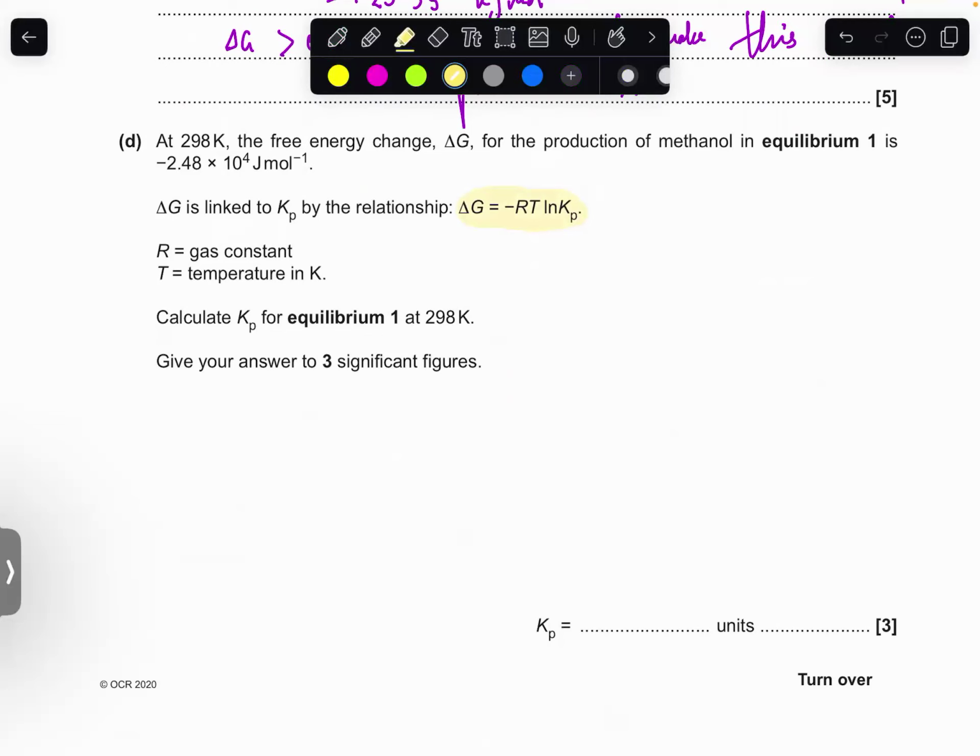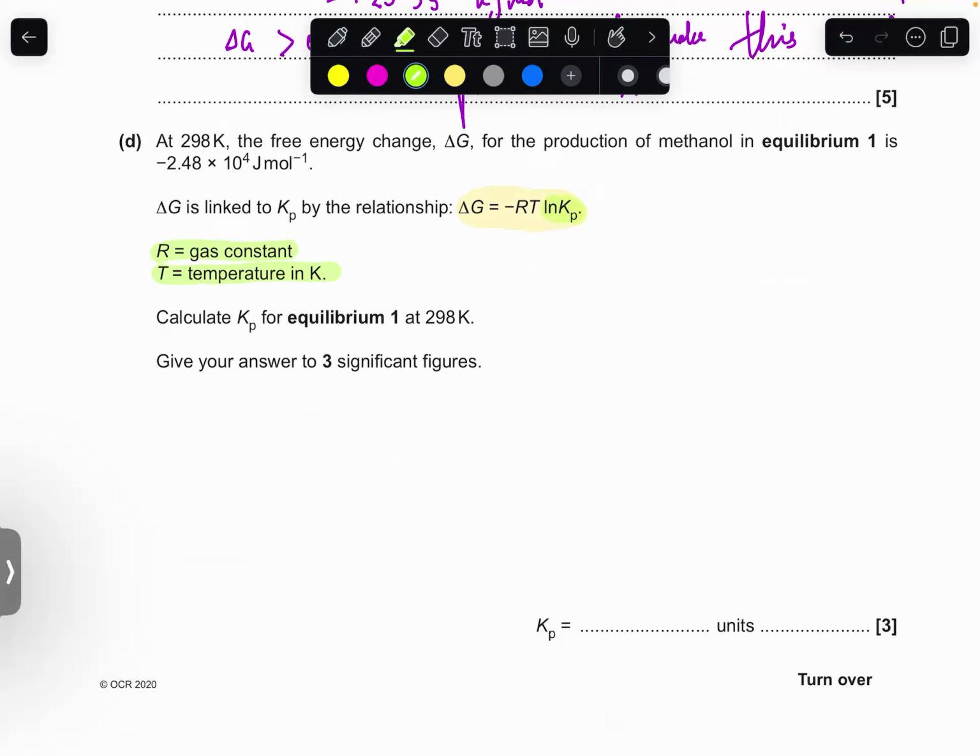Do we know what R is? Yes, we do. It's the gas constant. We know what temperature is. And we do know what Kp is, but they're referring to the natural log of Kp. So they are using theory that we already know, but they're presenting it in a different way. A bit of an extension question, but let's see how this plays out.